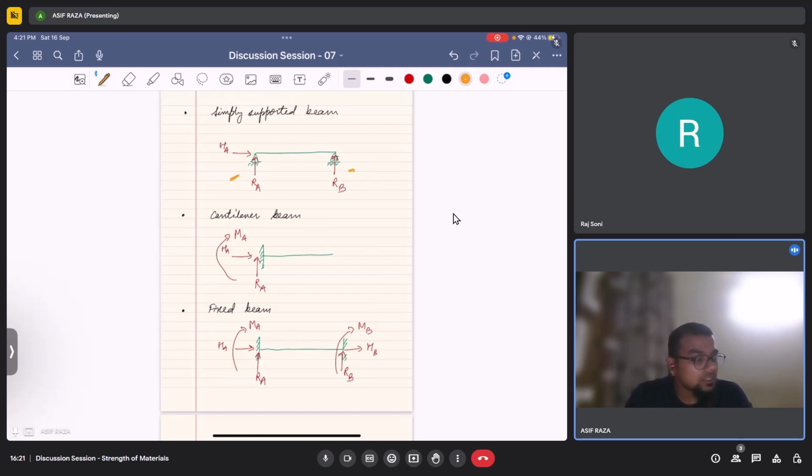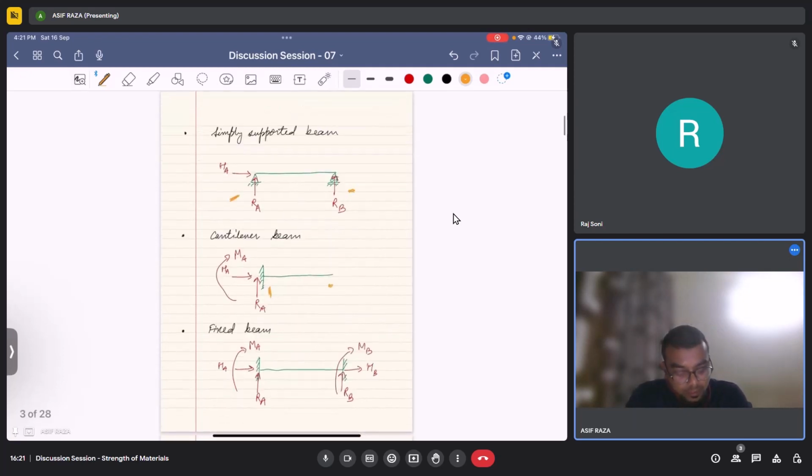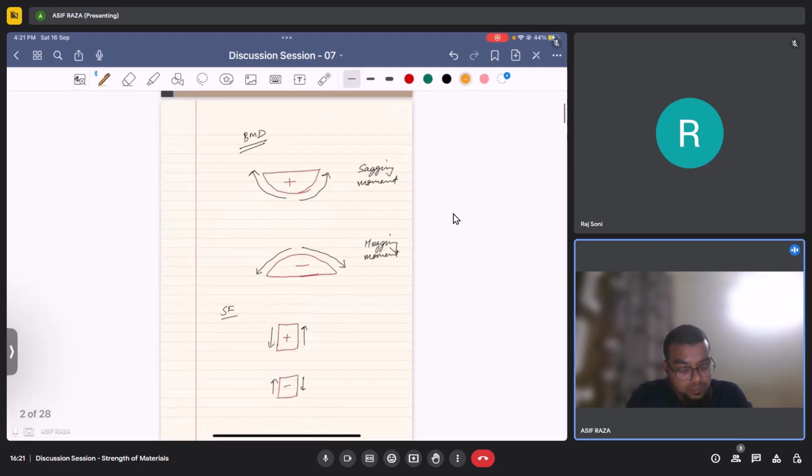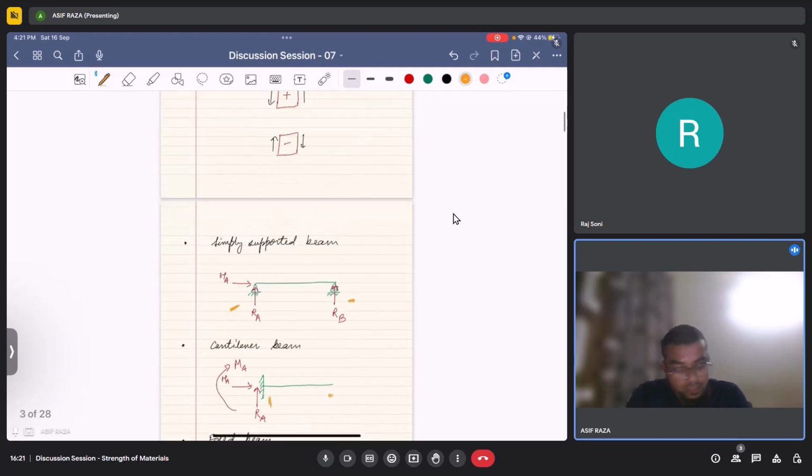One more support is the fixed support. At the fixed support, all three reactions are there: the vertical, horizontal, as well as the moment. And at the free end, there aren't any reactions. You can keep this in mind for solving the problems.